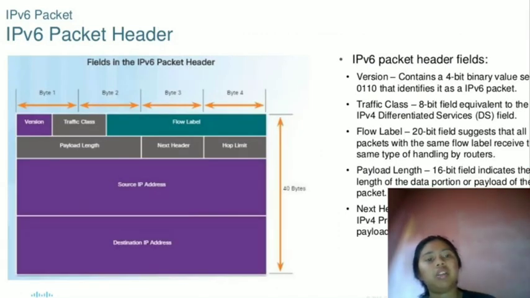IPv6 packet header fields: version, traffic class, flow label, payload length, and next header.